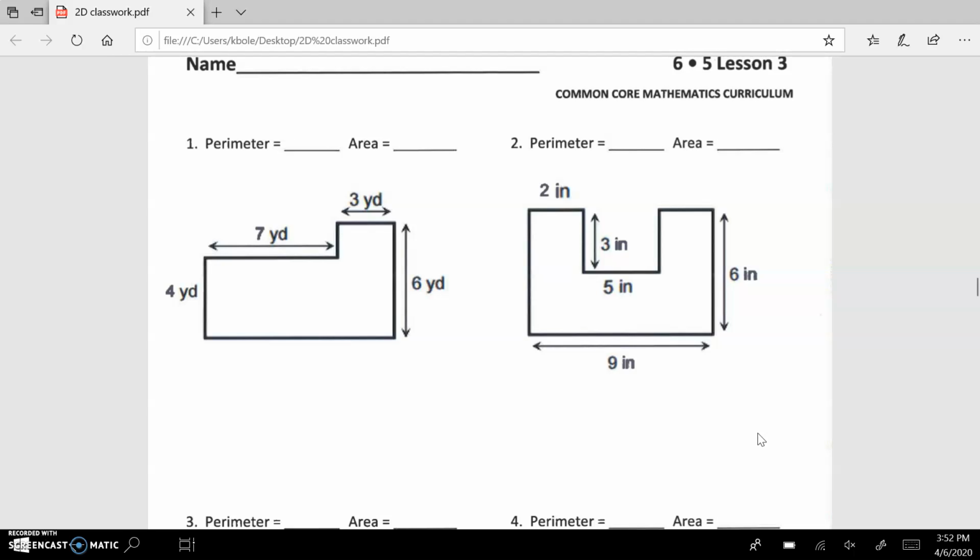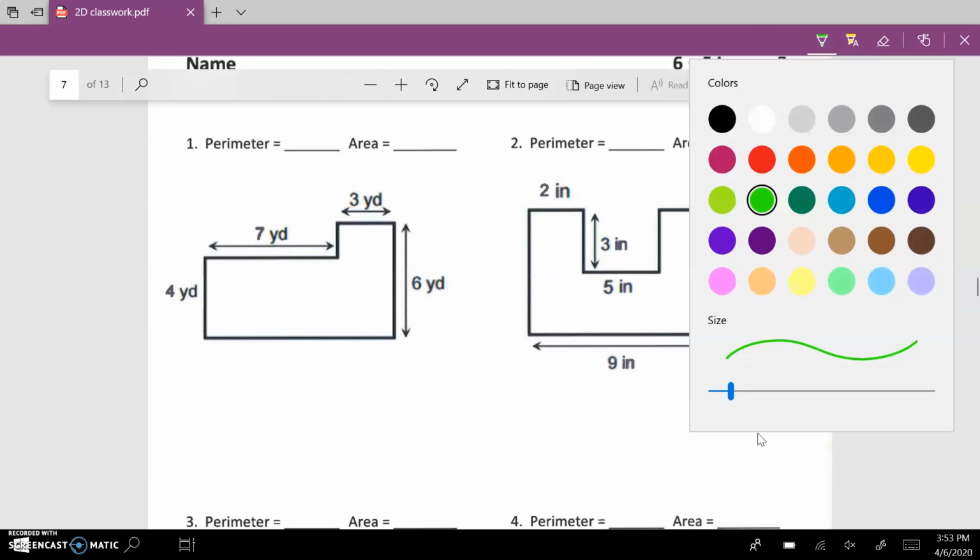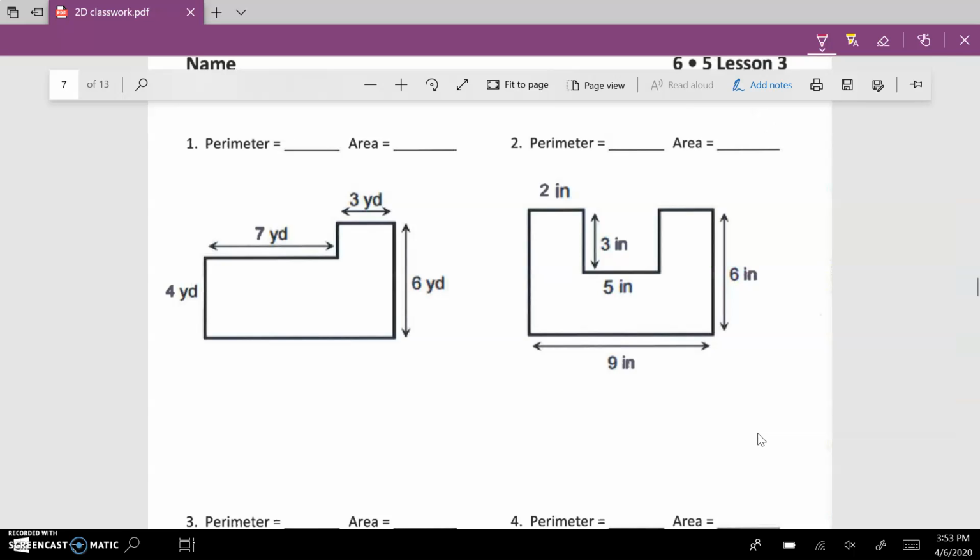in order to find the perimeter, we have to figure out how long each side is. So we can see that at the bottom there's no measurement going all the way across, but we know that from here over to just about here, this is 7 according to the top right of the rectangle up here.